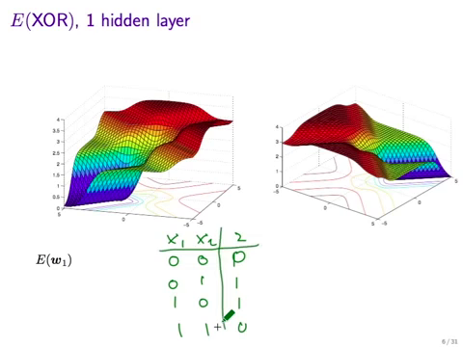Well, you can train this function to a neural network with two inputs, two hidden units, one output, with the corresponding weights, of course. That's your x1, that's your x2, that's your z.